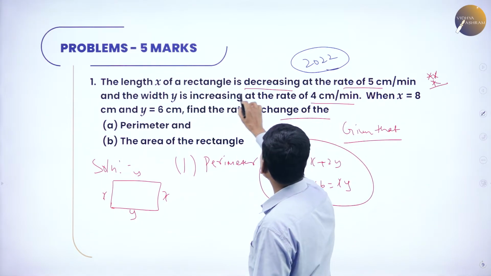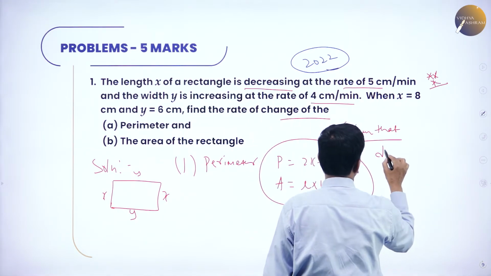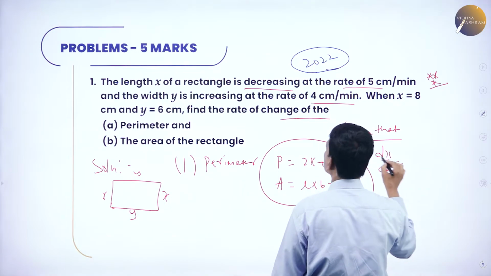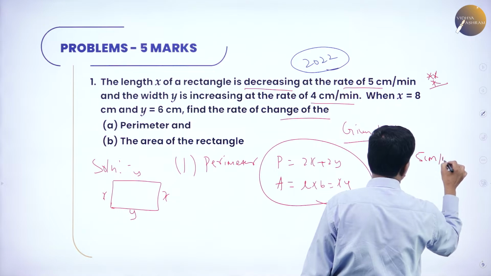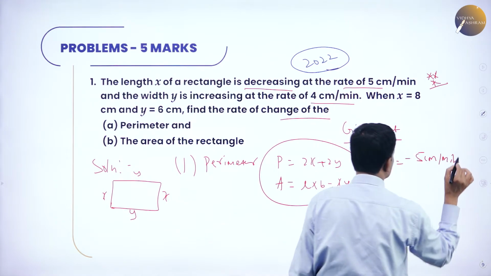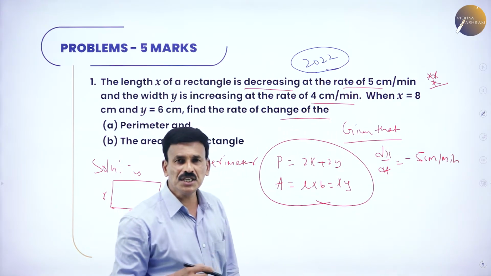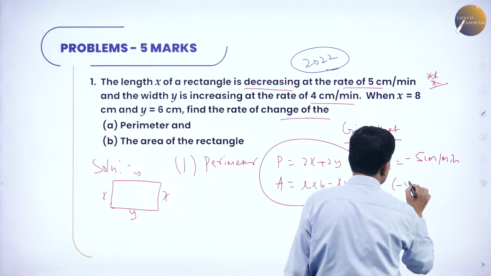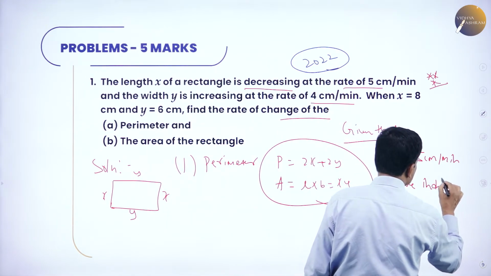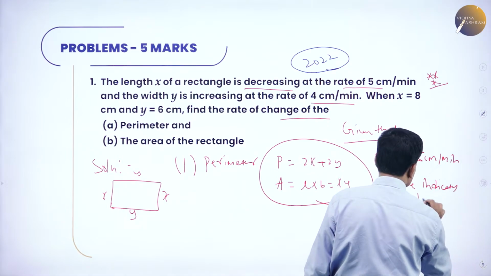Given: the length x of a rectangle is decreasing at the rate dx by dt is equal to minus 5 centimeters per minute, along with negative sign. Negative sign indicates it is decreasing.